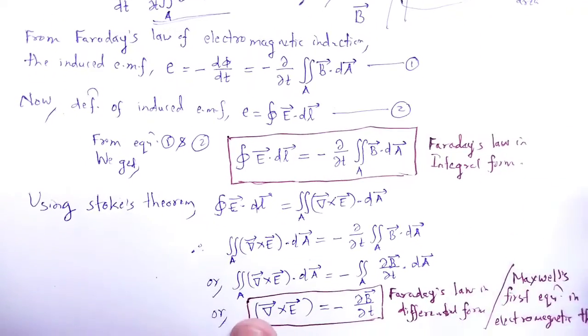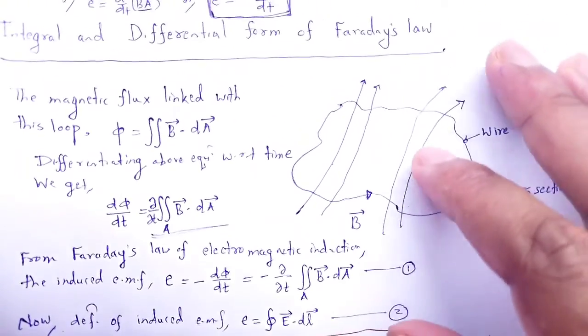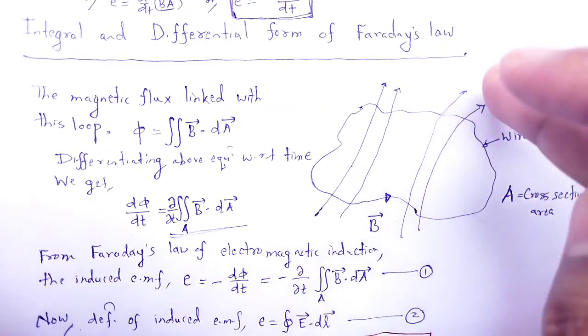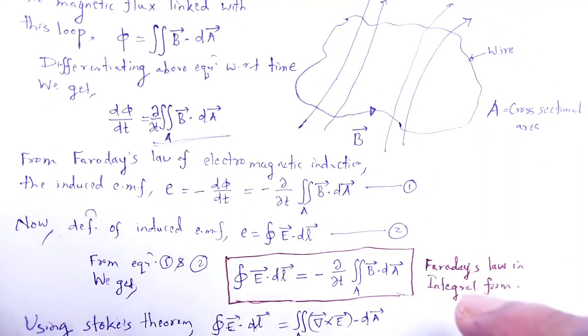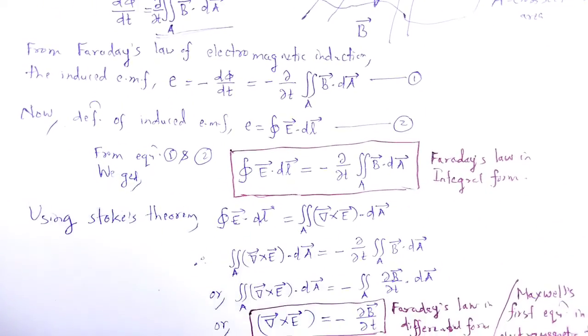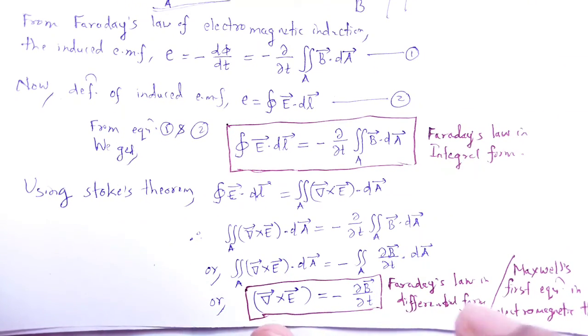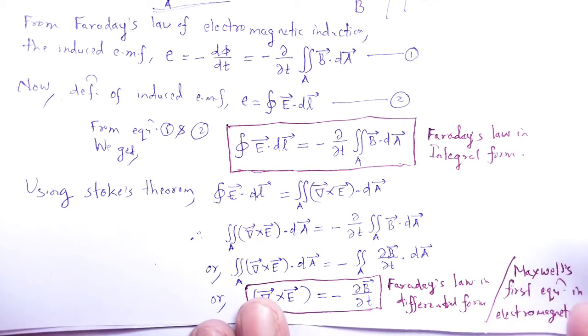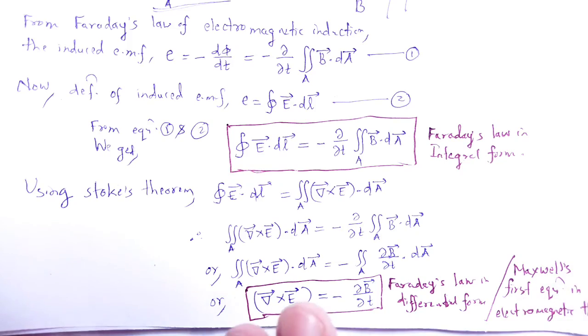So, here we took the integral and differential forms of Faraday's law: Faraday's law in integral form, Faraday's law in differential form, or we can say Maxwell's first equation in electromagnetic theory.